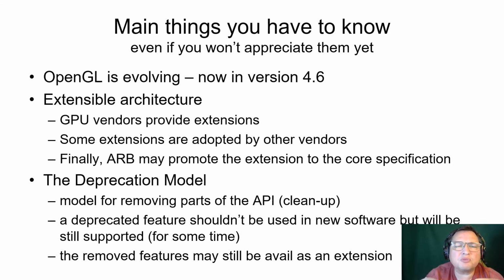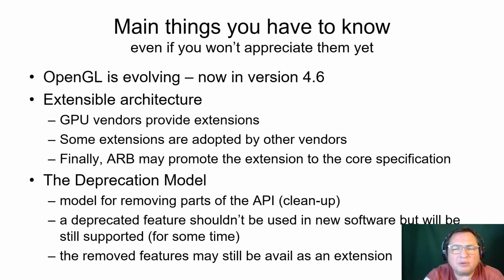GPU vendors provide extensions that provide specific functionality for the newest hardware. Some extensions are then adopted by other vendors, and finally the ARB, which we remember is now a part of the Khronos Group, may promote these extensions to the core specification of OpenGL.